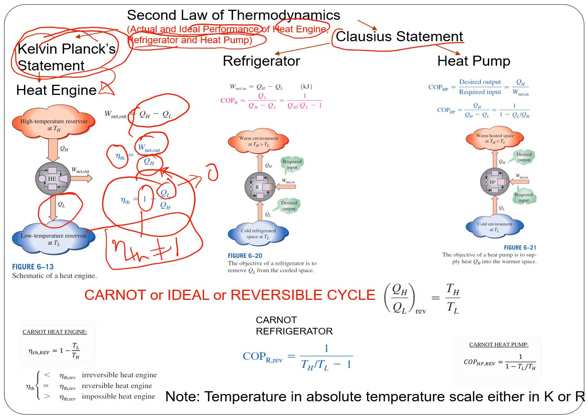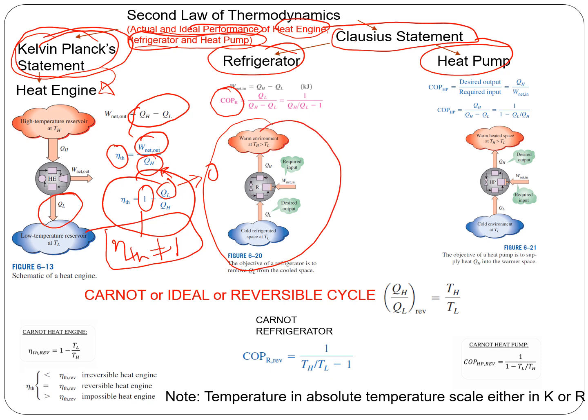And the Clausius statement relates to the refrigerator and heat pump. In this case, instead of thermal efficiency, we find what is called the coefficient of performance. For a refrigerator, if you think about how a refrigerator works, the COP is always the desired output divided by the W net, because in the refrigerator you need to do the work in the compressor, right?